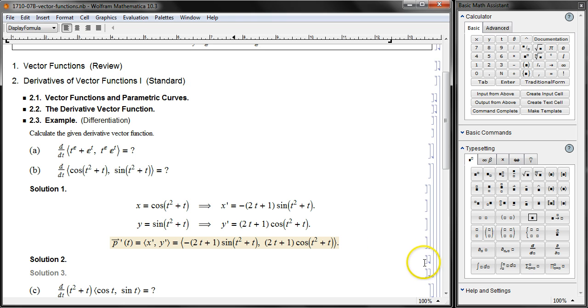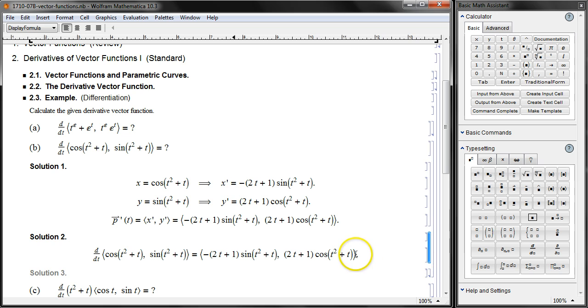How about this? Again, we can do them in a single step. The derivative of the first function, here we go, using the chain rule. The derivative of the second component, here we are, again by the chain rule.